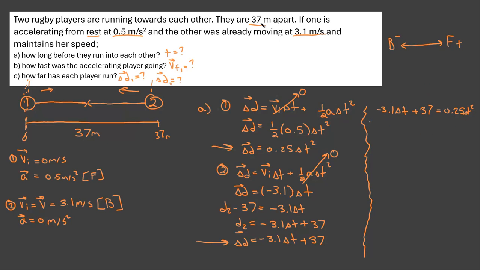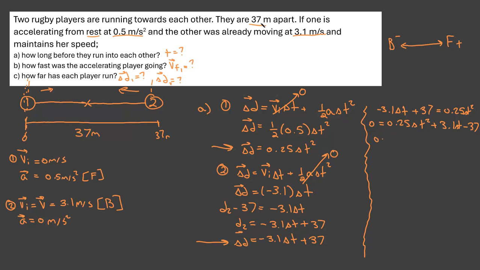And then I'm going to rearrange this and set everything equal to 0, so I'll be left with 0.25 times my time squared plus 3.1 T minus 37.